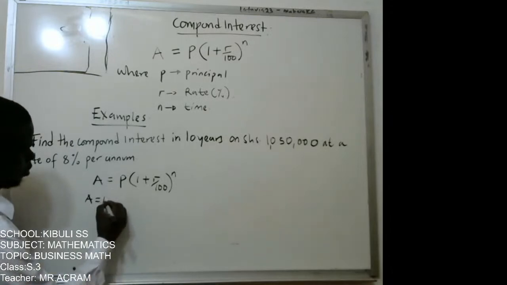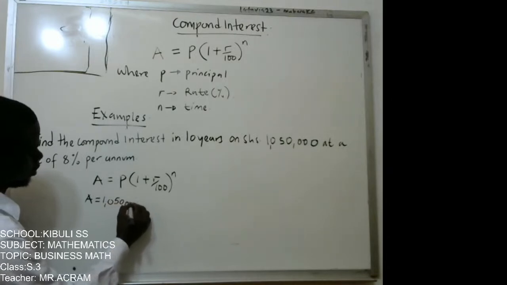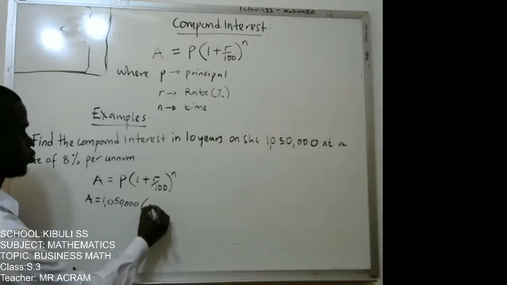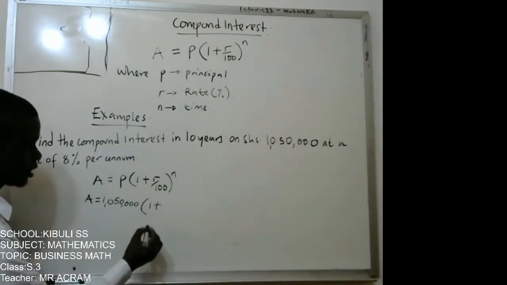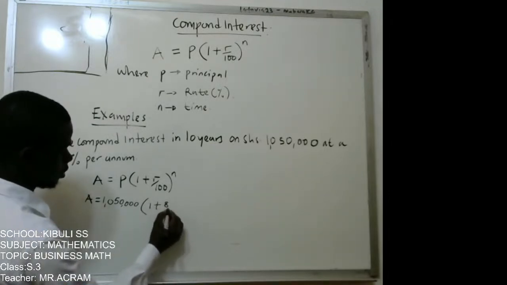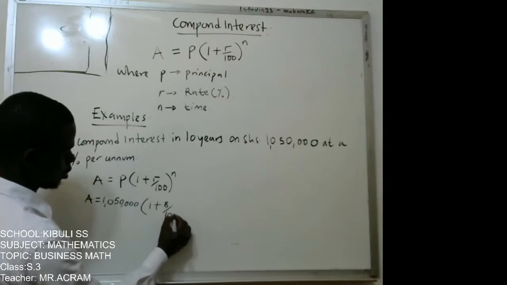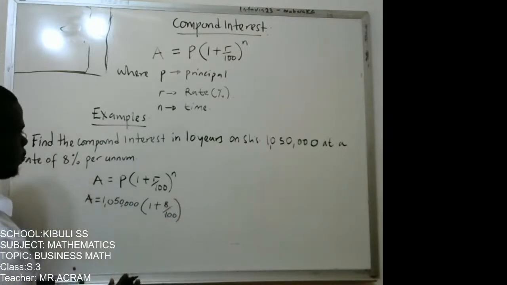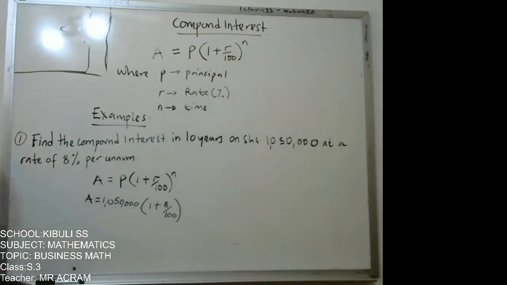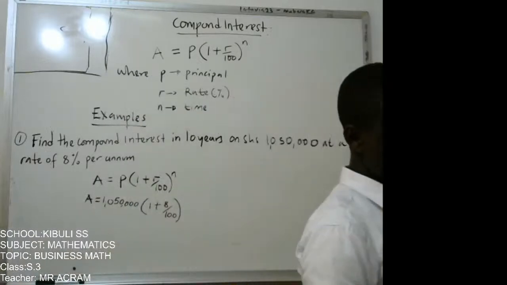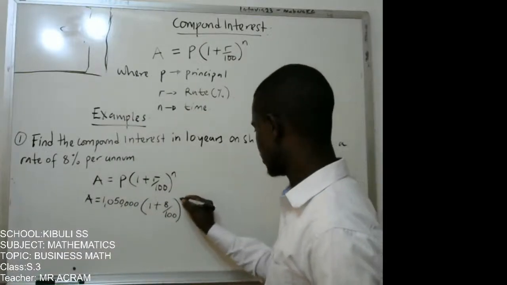It is 1,050,000 into 1, plus the rate. What is the rate? 8%. It is 8 over 100, power time. What is the time? Find the interest in 10 years. So the time is going to be 10 years.